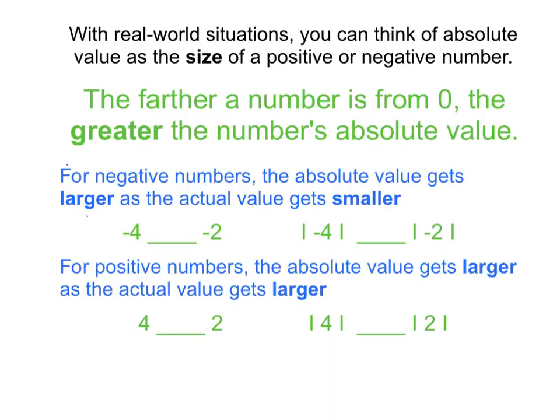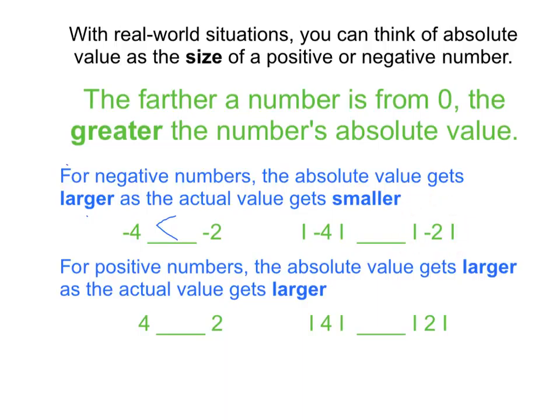If we compare -4 to -2, we are comparing the actual values here. -4 is farther left on the number line, so it is less than -2. But if we put bars around these numbers, now it doesn't mean -4 and -2, it means the absolute value of -4 and the absolute value of -2.